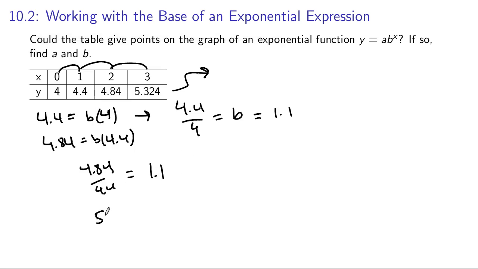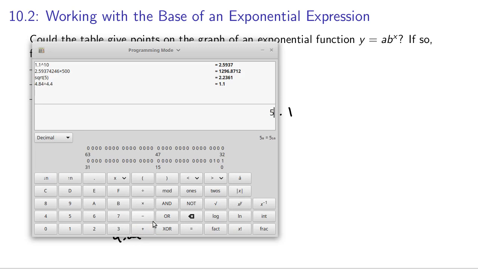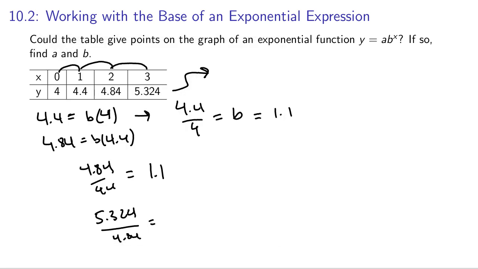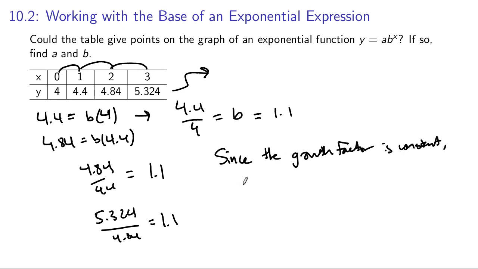And what about the last pair of points? 5.324 over 4.84. Is that also 1.1? 5.324 over 4.84 is also 1.1. Since the growth factor is constant between each pair of points, we have exponential growth.